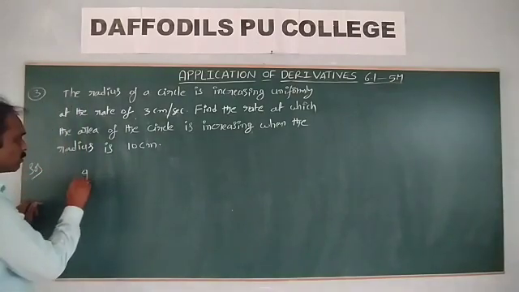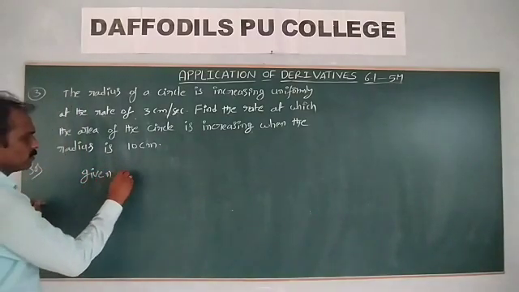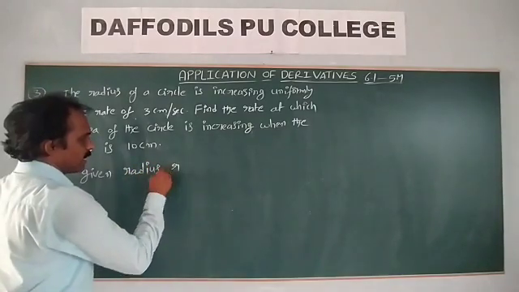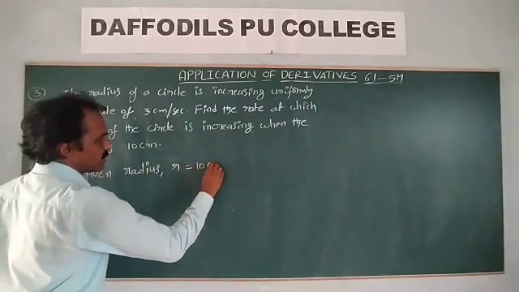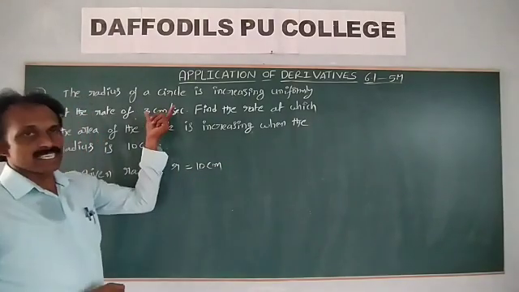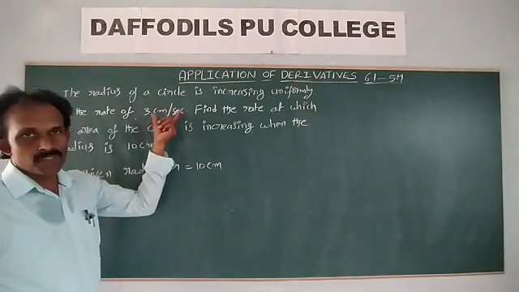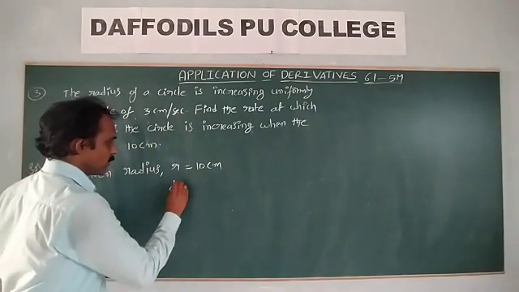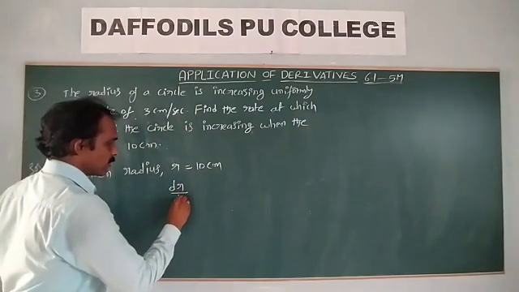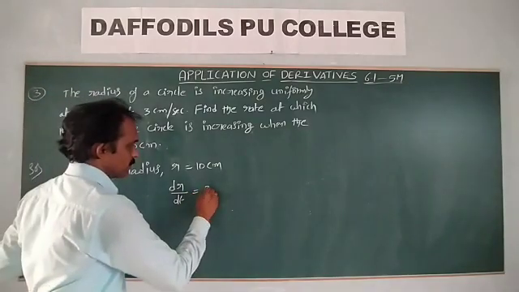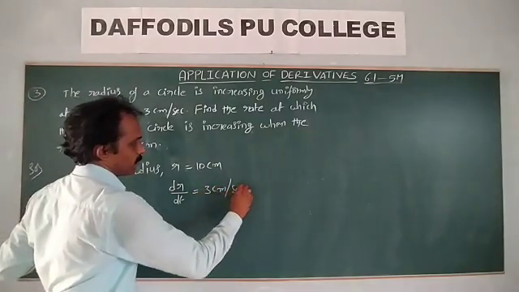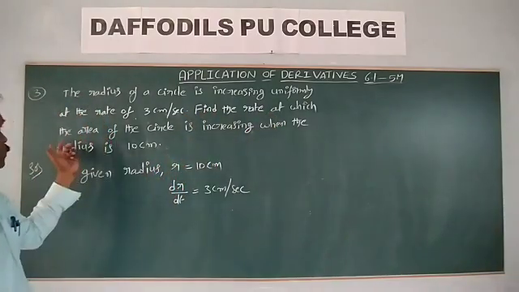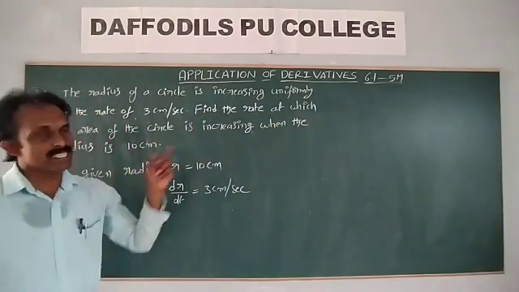Solution. What is given? Given radius r is equal to 10 centimeter. The rate of change of radius with respect to time is given: dr by dt is 3 centimeter per second. Next, to find the rate at which the area of the circle is increasing.